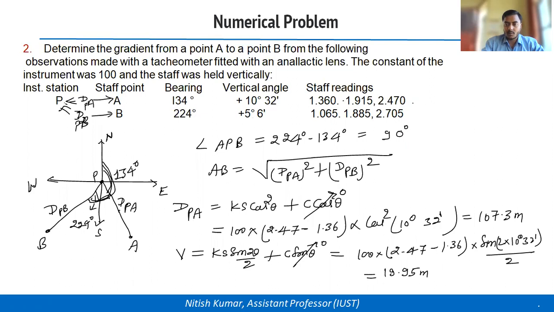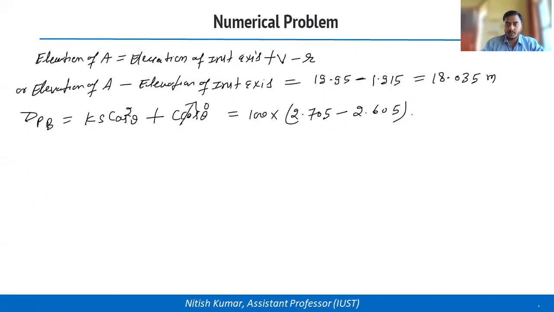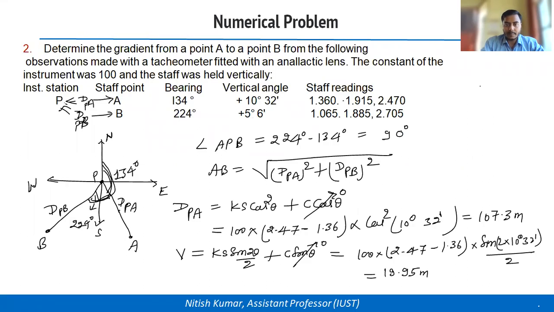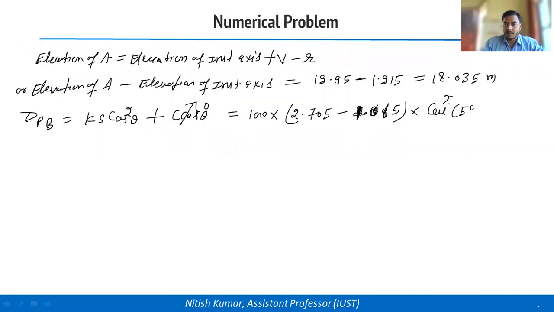Five degrees 6 minutes. What value are we getting? This value is 162.78.